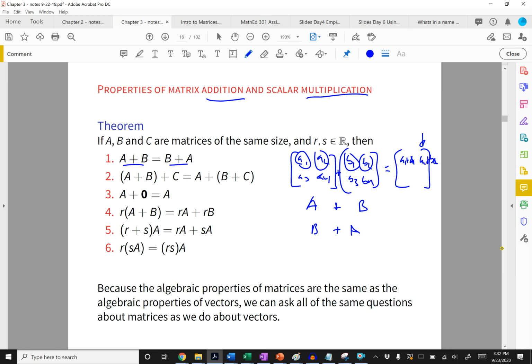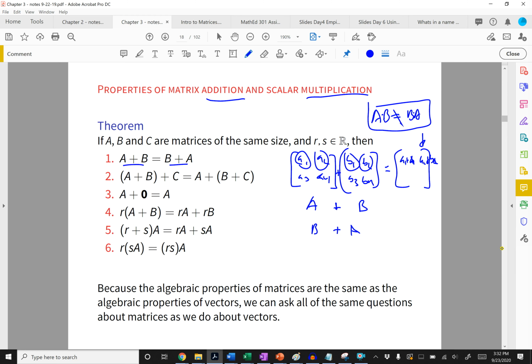So yeah, this is a big difference. A plus B is the same as B plus A, but A times B, we'll talk about this later, but I'll emphasize it now. A times B is not always the same, okay? Sometimes they will be, but in general, A times B is not the same as B times A with matrices. So don't get that mixed up. If you switch to B plus A, then you're still going to be adding the same entries.